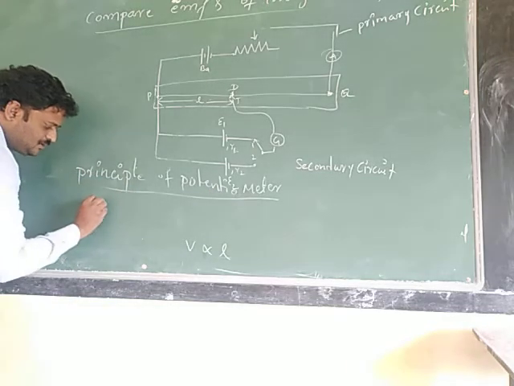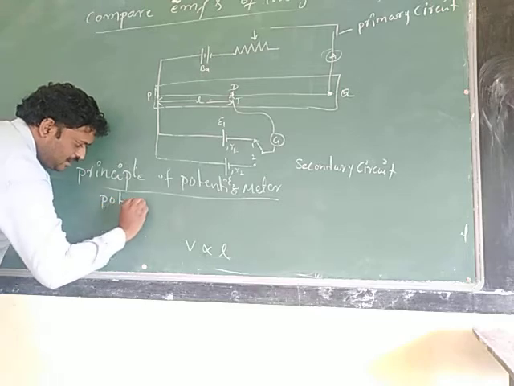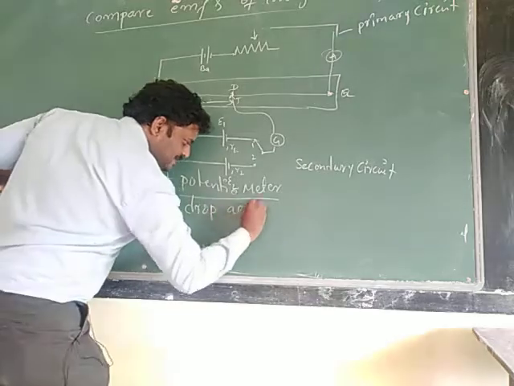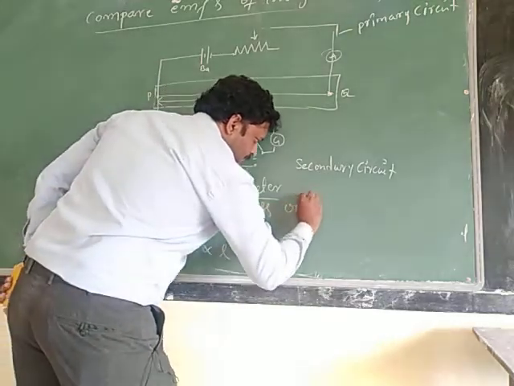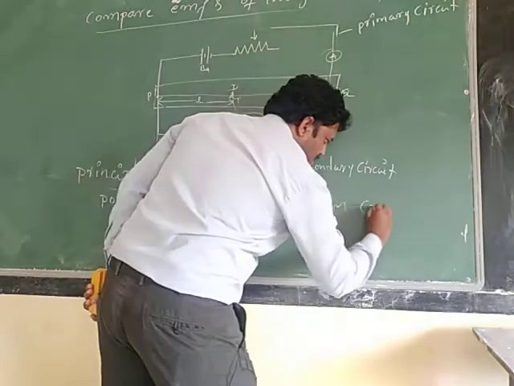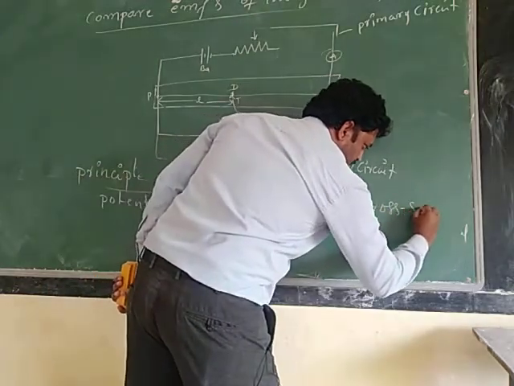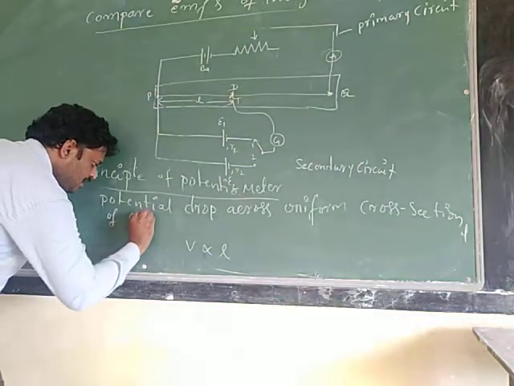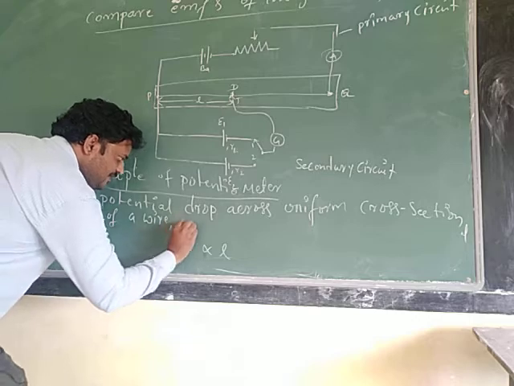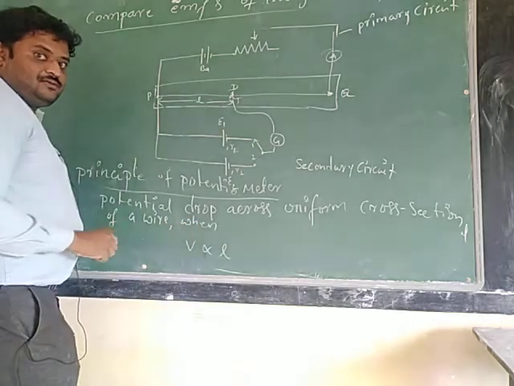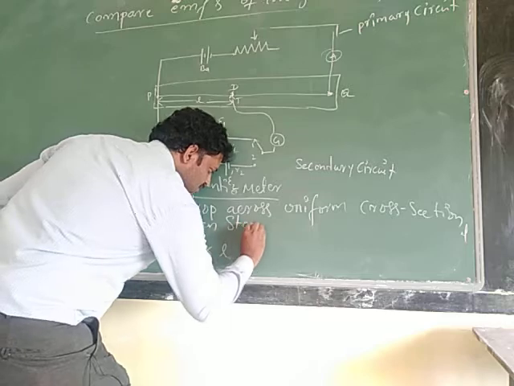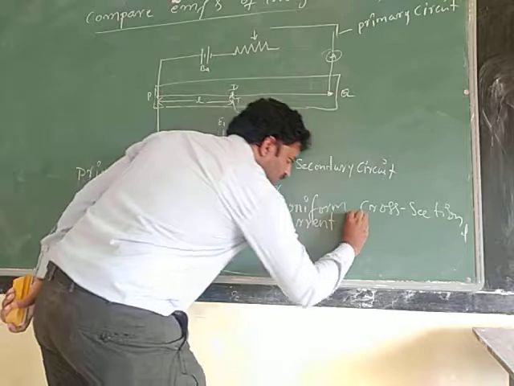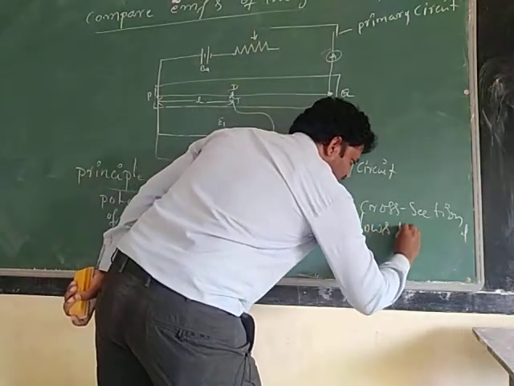It states that the potential drop across a uniform cross section of a wire when steady current flows through it.